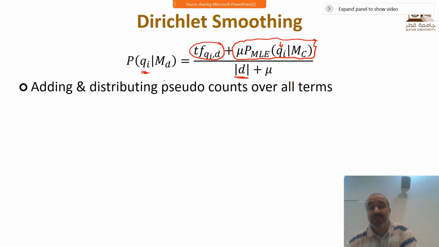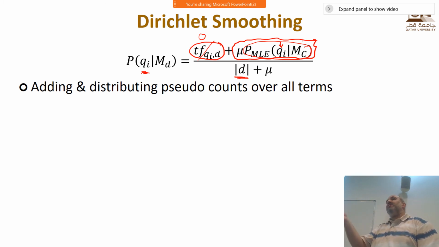Very good. Now let's assume that Qi didn't appear in the document. What will be the probability for it? Okay. Let's look at this and see what will happen. What is TF of Qi and D in this case? 0. Very good. So that will be 0. Mu is a constant, it is given. Okay. What is this? That's the background probability, right? We can compute it.